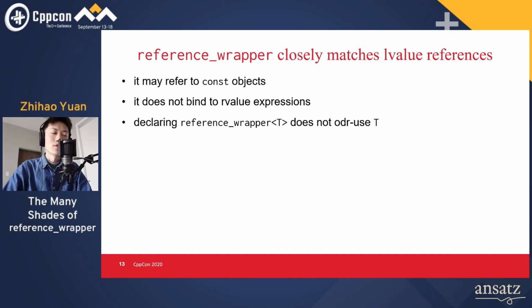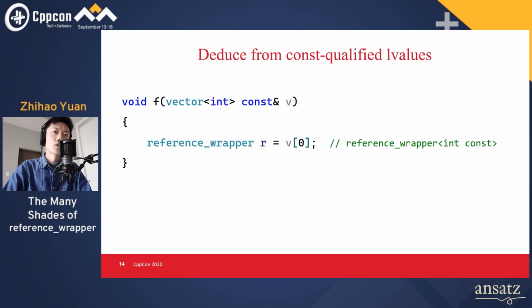Let's start with the first bullet. In order to produce a reference_wrapper that refers to some const-qualified lvalue, we can rely on class template argument deduction. In this example, if you initialize a reference_wrapper from a const lvalue, the type of the reference_wrapper is deduced to reference_wrapper<int const>.